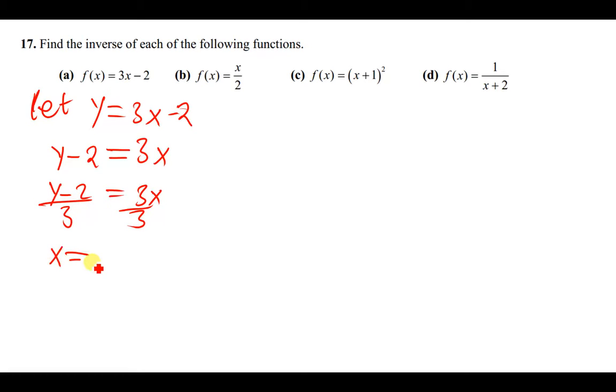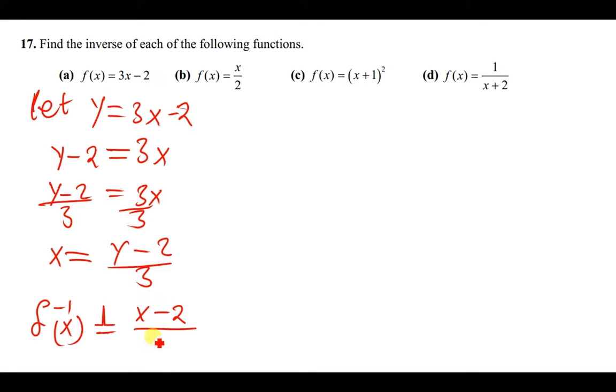The value of x will now be equal to (y minus 2) over 3. So if this is the case, we are going to conclude that f inverse of x is equal to, in this expression where there's y, I'm going to put x, then I'm going to have this over 3. So this is the inverse of this function.